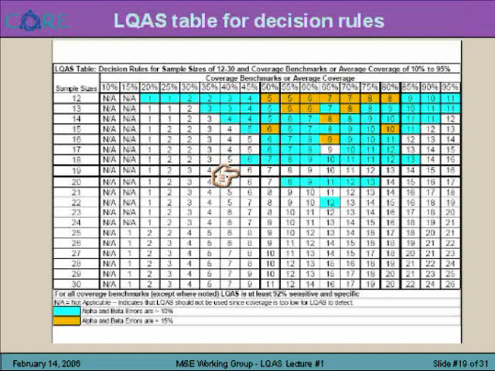Once again, for the purpose of using the LQAS table for decision rules, coverage rates will get rounded up to the nearest upper value that can be found in the table. Likewise, for our coverage benchmark of 75%, and with a sample size of 19 per supervision area, we will have a decision rule of 12.